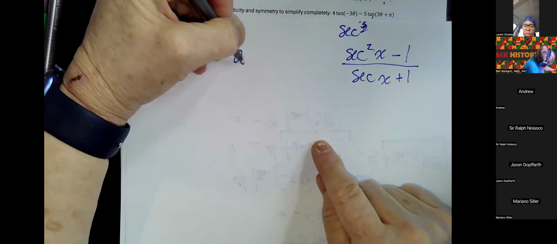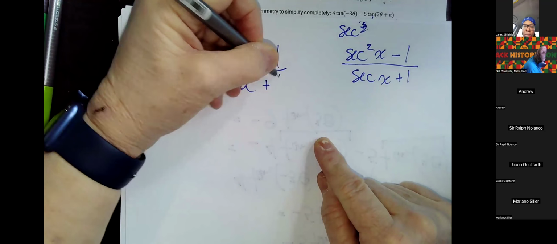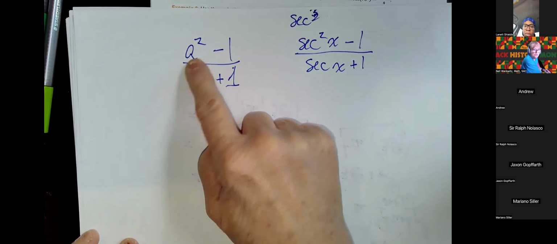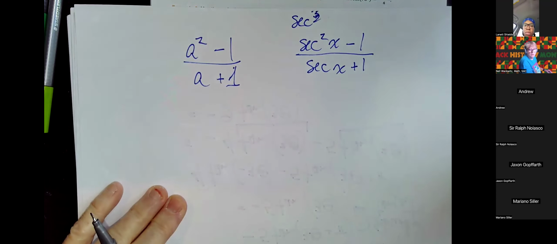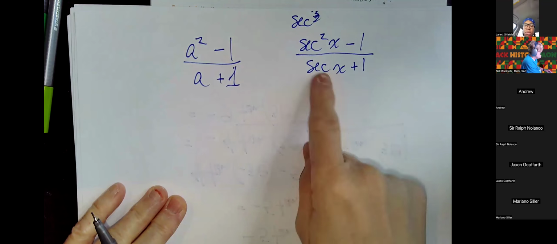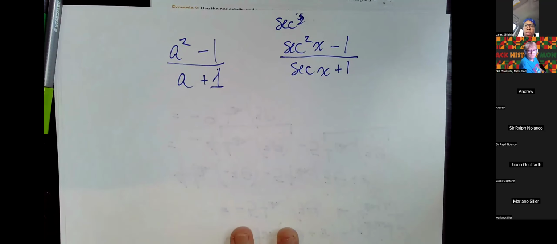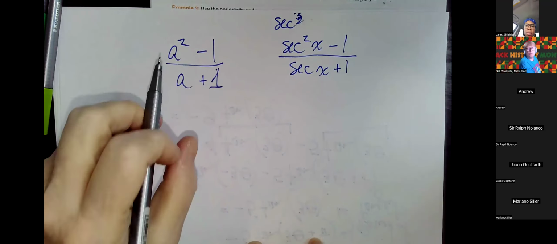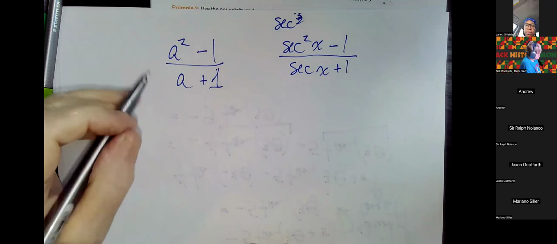Is this fraction similar to the fraction we had? Is the fraction a squared minus 1 over a plus 1 similar to secant squared x minus 1 over secant x plus 1? Yes. And is it more obvious how to factor the first fraction, a squared minus 1 over a plus 1?